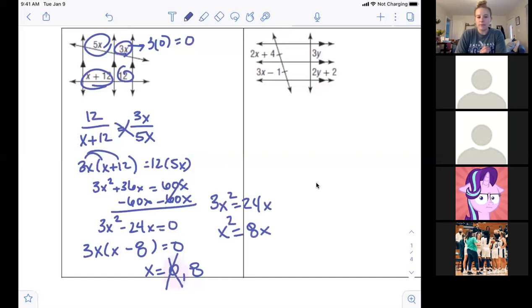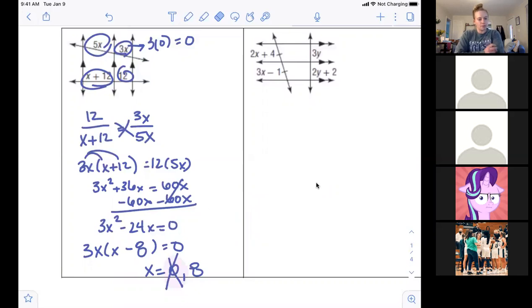Right. But if you forgot that there was another x with the 24, you could have gotten rid of the x instead of just square rooting both sides. Okay, so I think you lost your x. Okay, x, thank you. So be careful on that one.